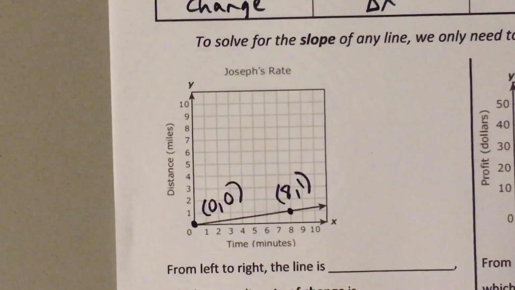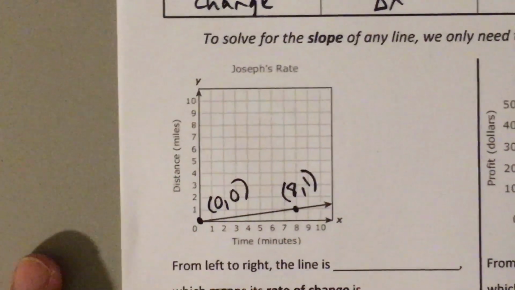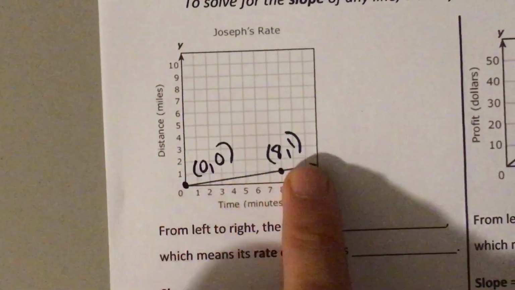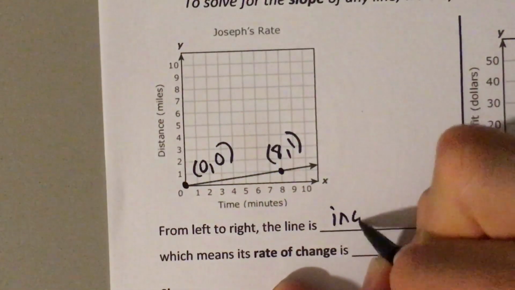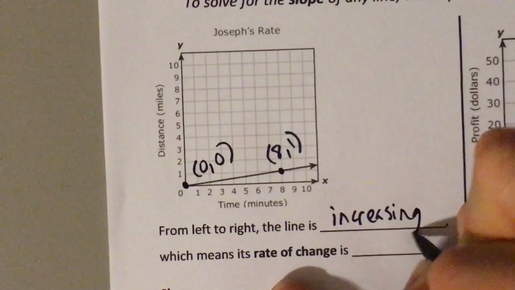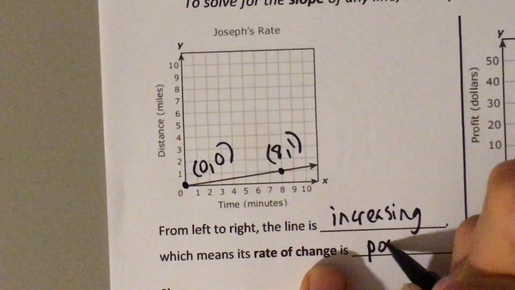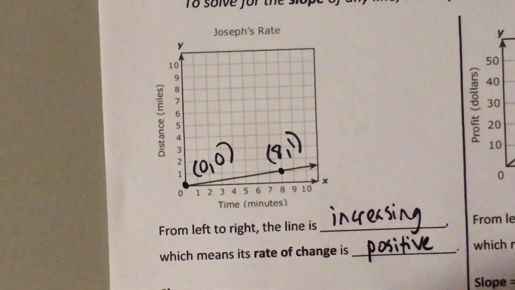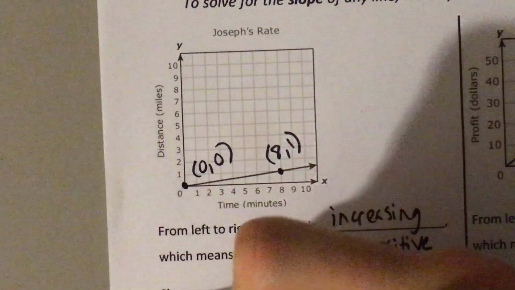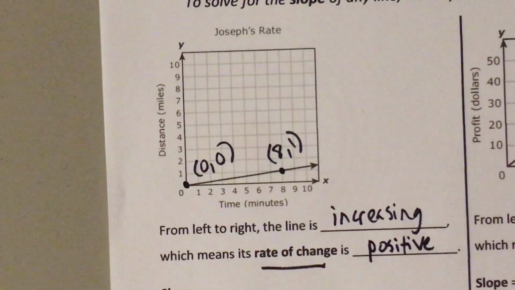As we move from 0, 0 to 8, 1, from left to right, the line is increasing. It's going up, which means its rate of change is positive. That rate of change and the slope are the same thing, so we know it's going to have a positive slope.